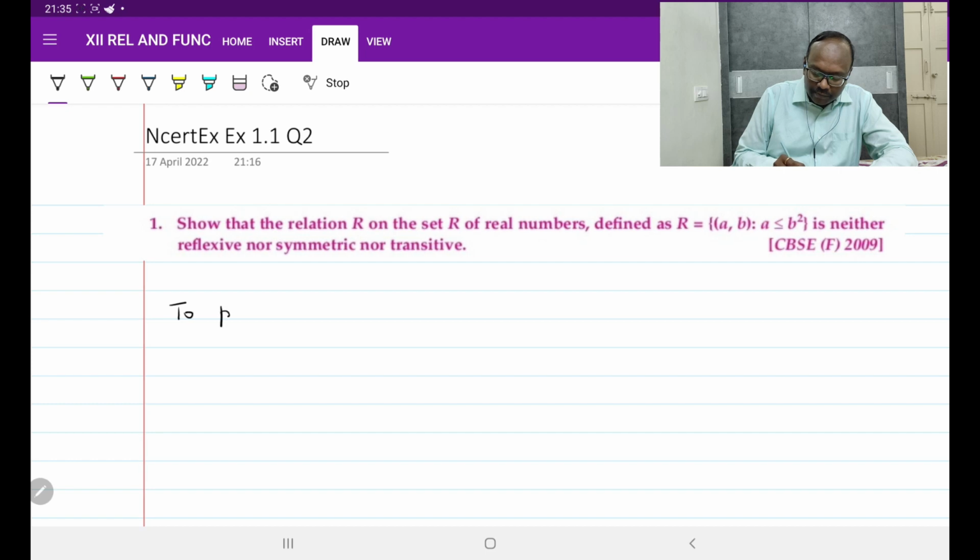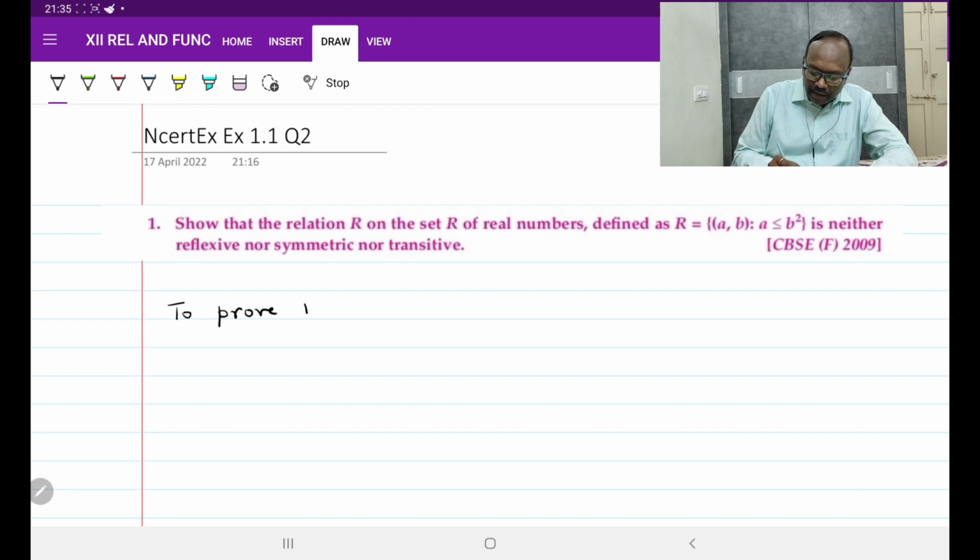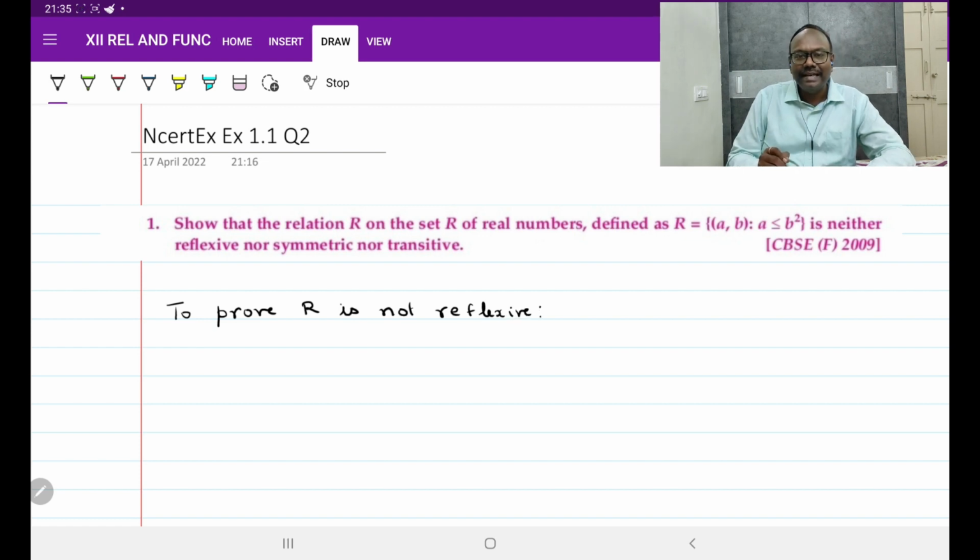To prove R is not reflexive, if you choose any ordered pair of the form (a, a) where a is an integer, then we cannot prove that it is not reflexive, because for all pairs (a, a) with a belonging to Z, the condition a less than or equal to a square is never false. It will always be true.